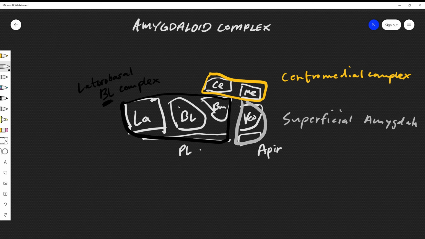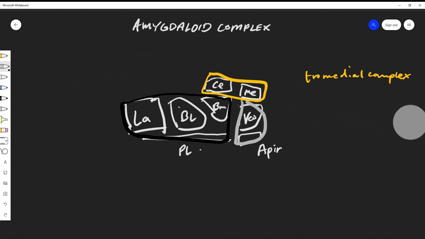So there is also another discrepancy even with the complexes that I've seen where some researchers group these superficial areas with the medial areas and they call it the cortical medial complex, and then they just put the central area by itself. That can happen, but I think if you have an understanding of this map, you can pretty easily distinguish what they're doing. So that's why I like this cytoarchitectonic map.